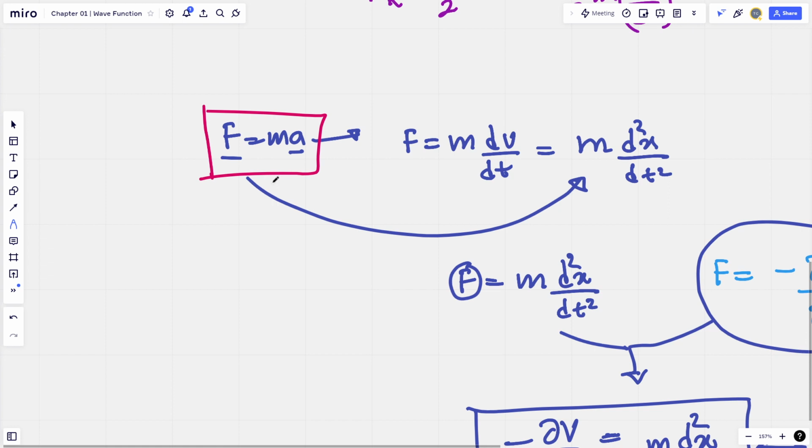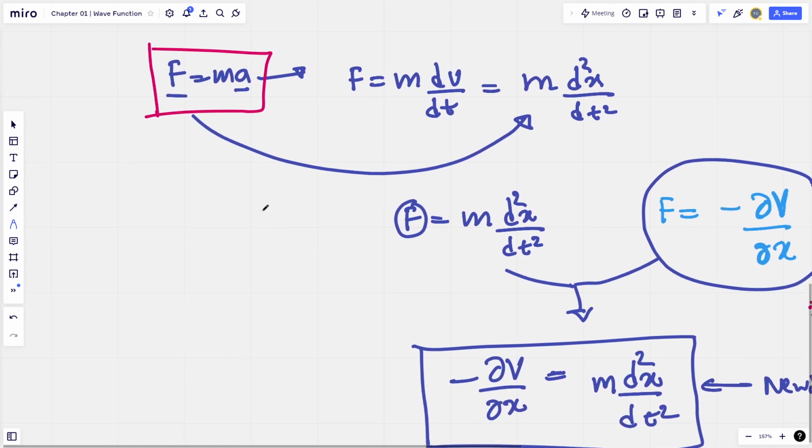F equals ma is an equation which Newton introduced, but we didn't know how it worked until far later. But we can use that equation to calculate everything. For example, if you know the position, force and mass, acceleration, we can get almost any property related to the kinematics of that particle.